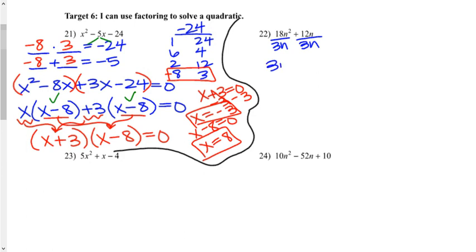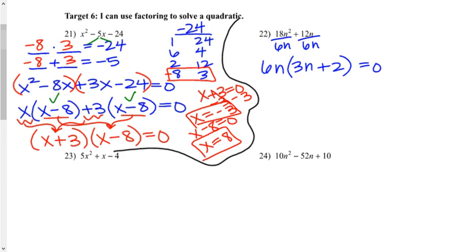So I'm taking 3n, pulling it out front, and what I'm left with here is, oh, just kidding, I can actually divide both of those by a 6n. Okay, so I'm pulling out my 6n, it was my GCF, and what I'm left with is 3n plus 2 equals 0.